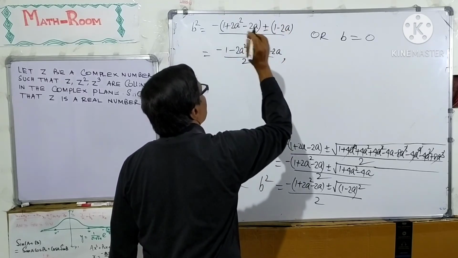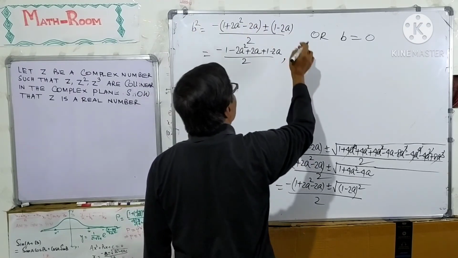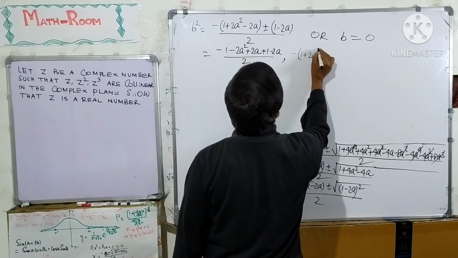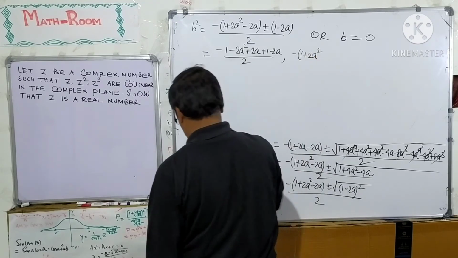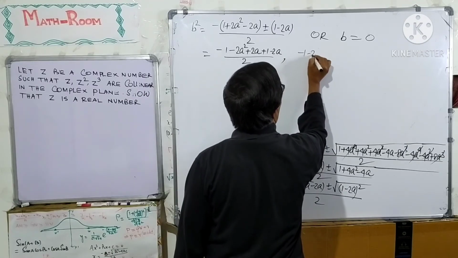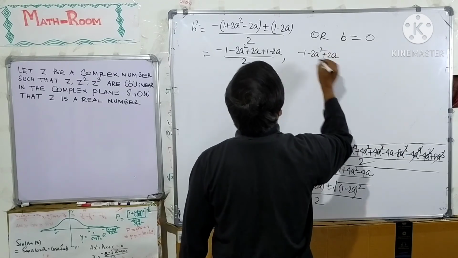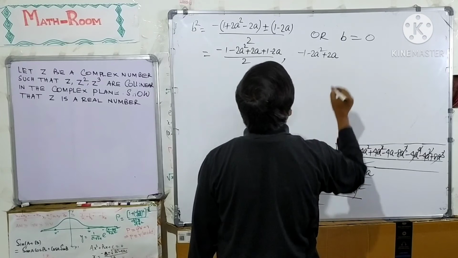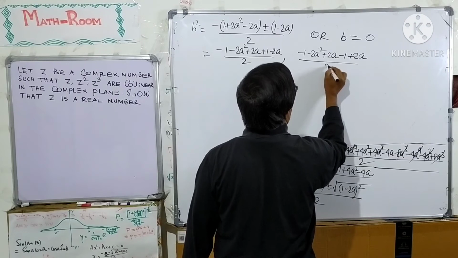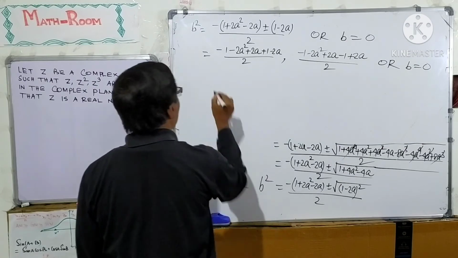If we consider minus sign, we have also got a value of b square, minus 1 plus 2a square minus 1 minus 2a square plus 2a. If we consider minus sign, we get minus 1 plus 2a over 2, or b equal to 0.